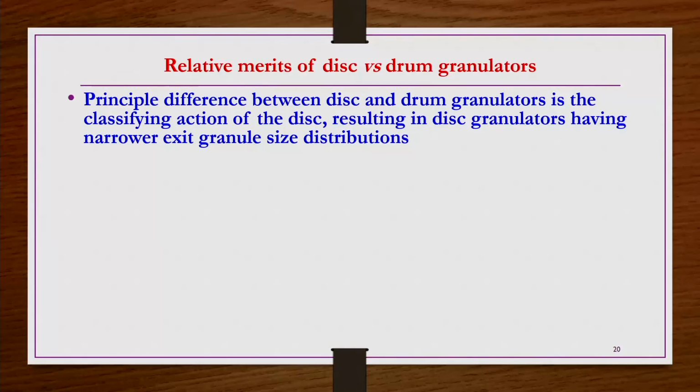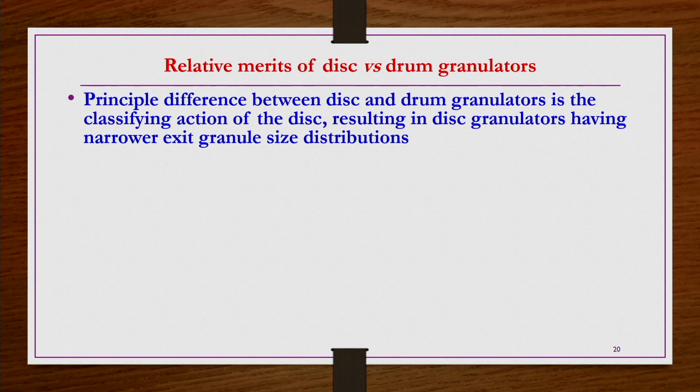Now, we see some relative merits and demerits of disc versus drum granulators. The principal difference between disc and drum granulators is the classifying action of the disc. The disc granulators have a classifying action that we have already seen.